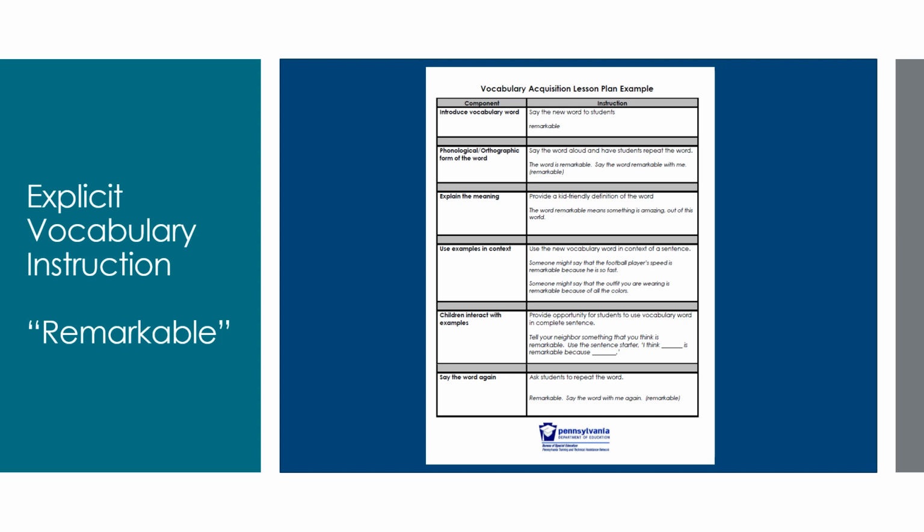I think blank is remarkable because blank. Here's an example. The baseball game was remarkable because the outfielder jumped 3 feet to catch the ball in the 9th inning and won the game. Step 6. Say the word with me again. Remarkable.